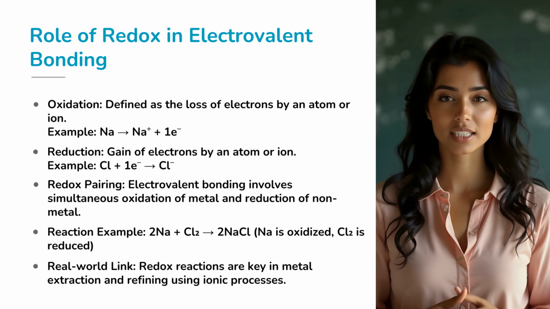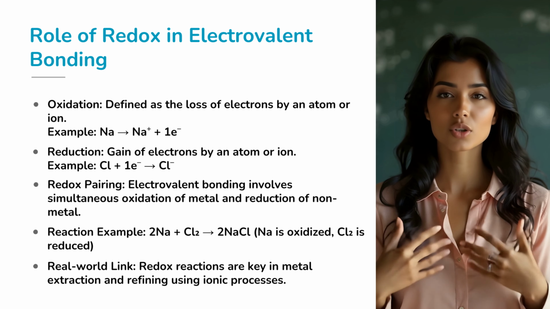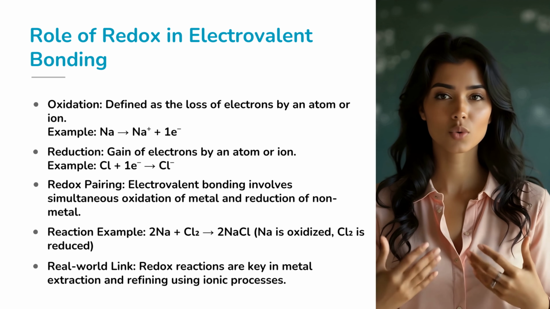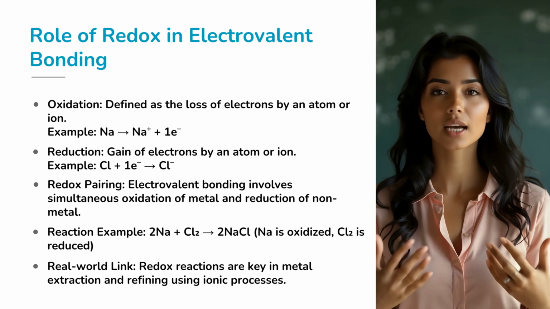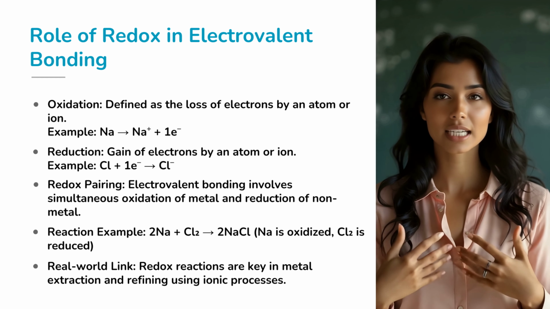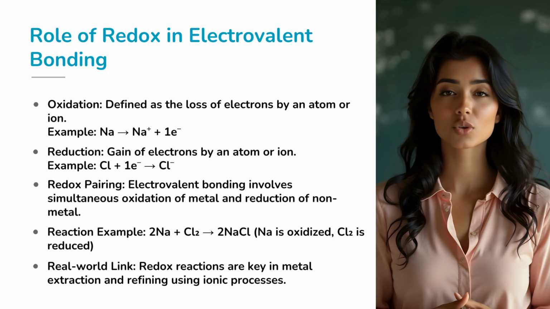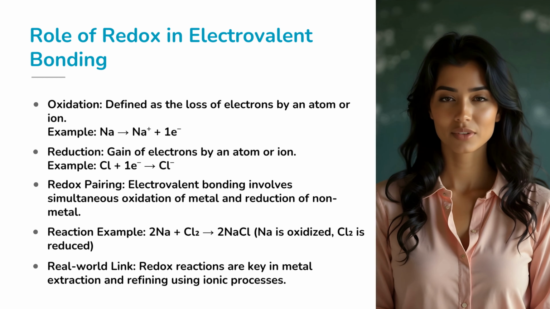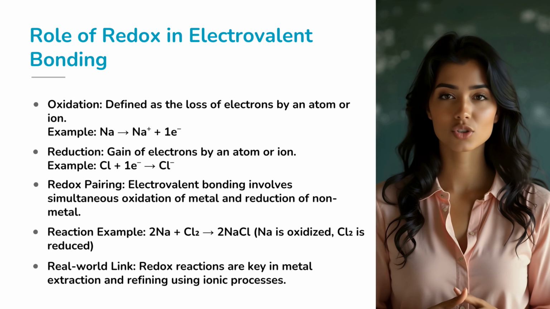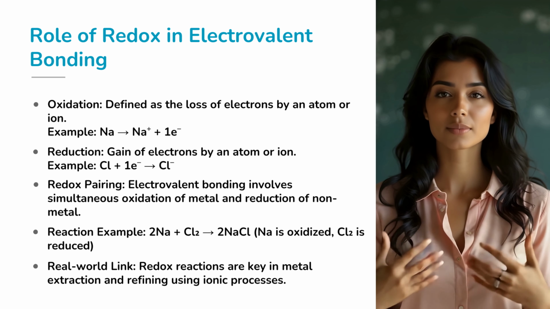Now, here's where it gets even more interesting. Electrovalent bonding is also a redox reaction. Why? Because one atom loses electrons, that's oxidation, and another gains electrons, that's reduction. Let's revisit sodium and chlorine. The sodium atom gives up one electron, that's oxidation, and becomes sodium positive 1.